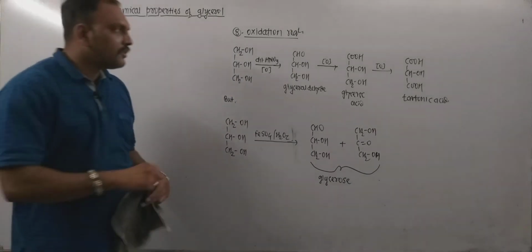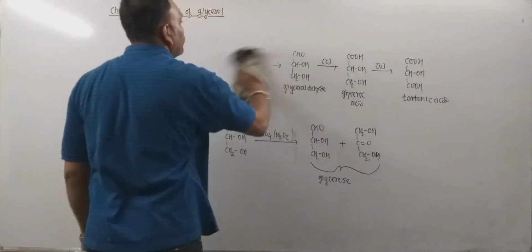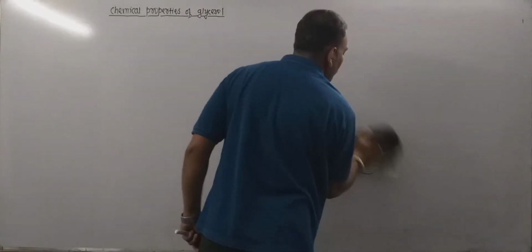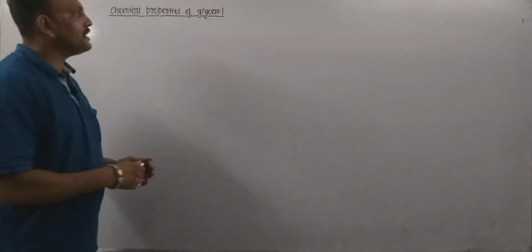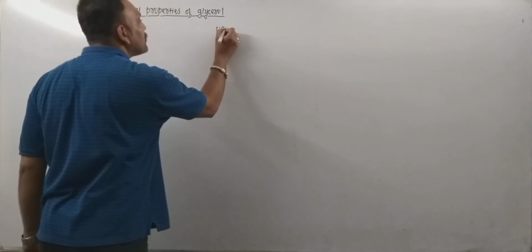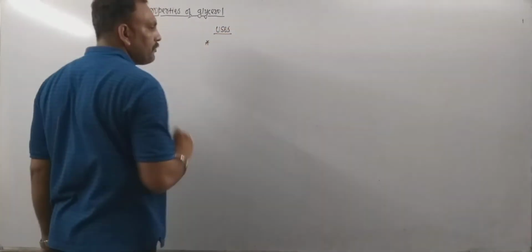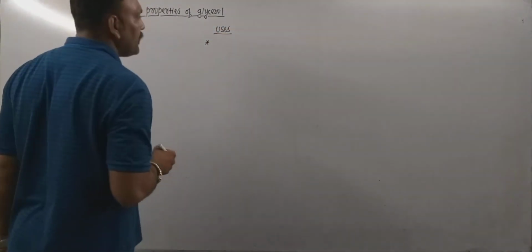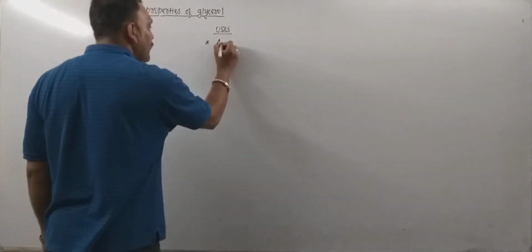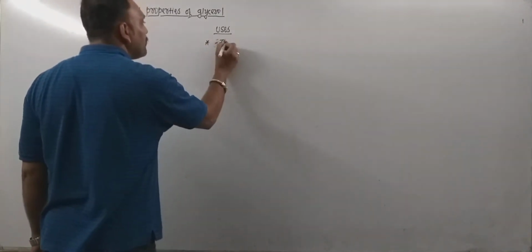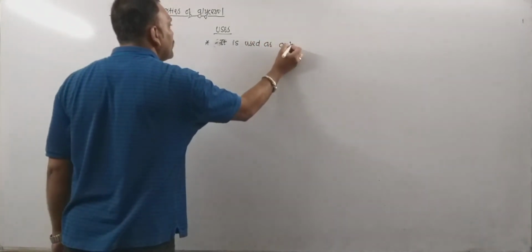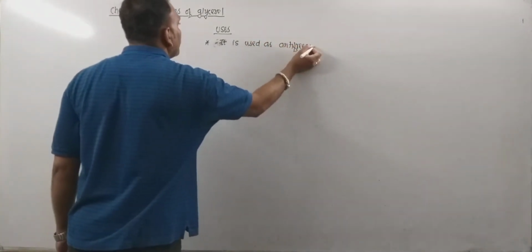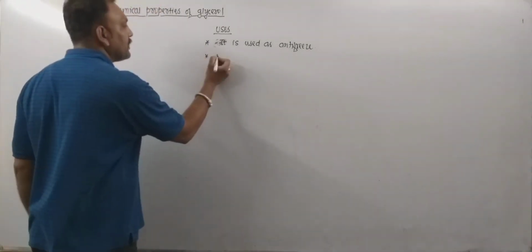Now let's take a look at the applications or uses of glycerol. Remember, glycerol is a very important ingredient. Let's see some of its uses. The very first thing to be noted is that it is used as antifreeze in automobile radiators.